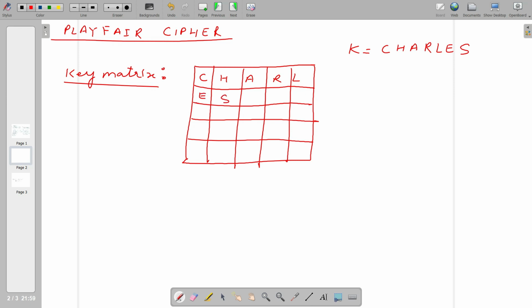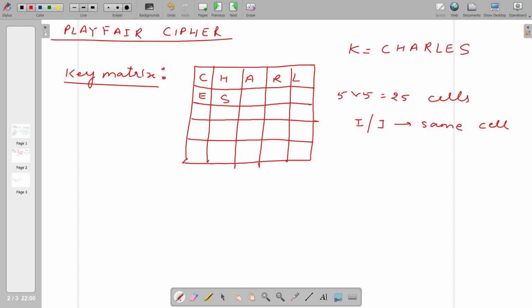Now it is 25, because it is a 5 into 5 matrix. So we have 25 cells in a 5 into 5 matrix, and we have 26 alphabets. So as a rule we write I and J in the same cell. I and J will go to the same cell. Now starting from ABCD, we will fill this matrix, and whatever we have already written, we are not going to write again.